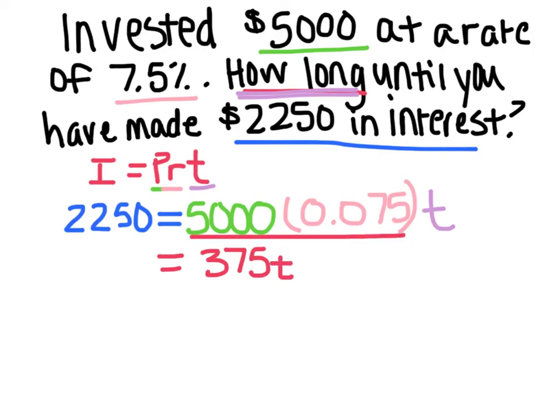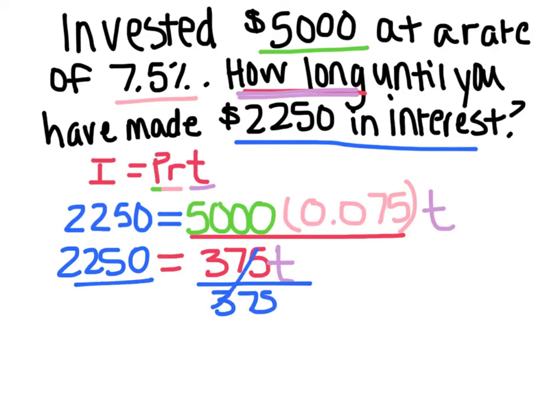I still have my t, my time here, and that's all still equal to $2,250. And now we go ahead and divide both sides by 375 so that we can isolate that variable and get t by itself. So 2,250 divided by 375, and I see that t equals 6.